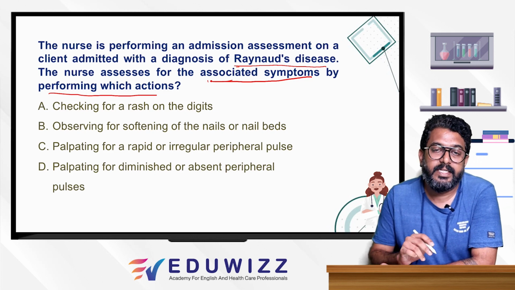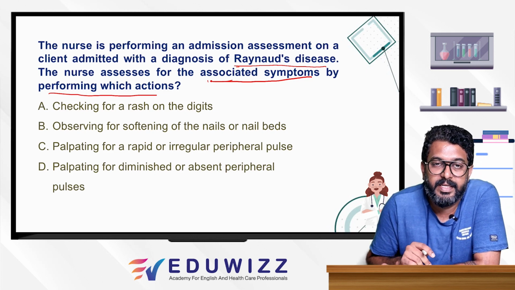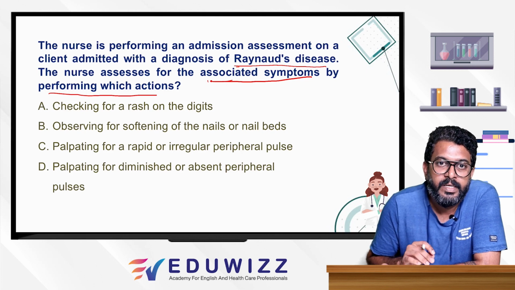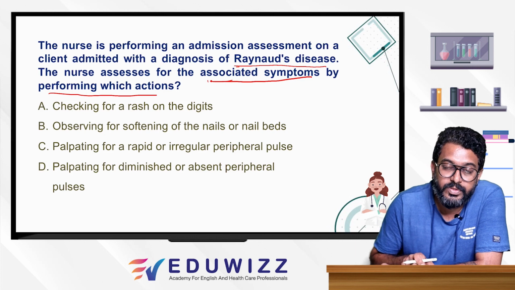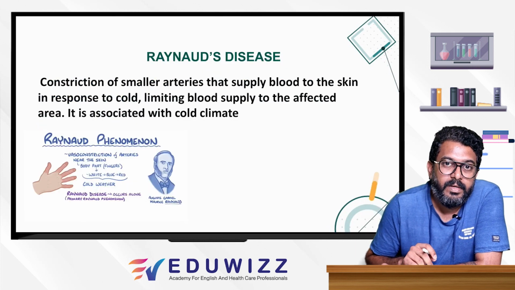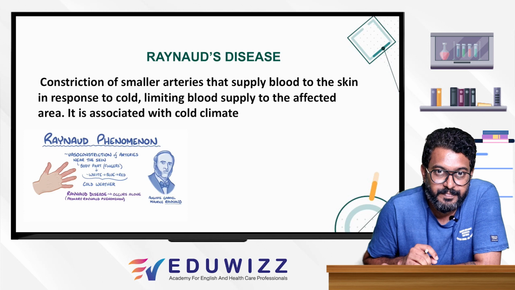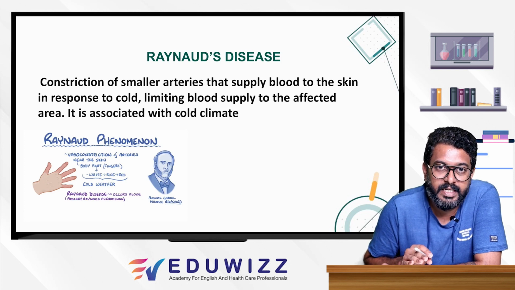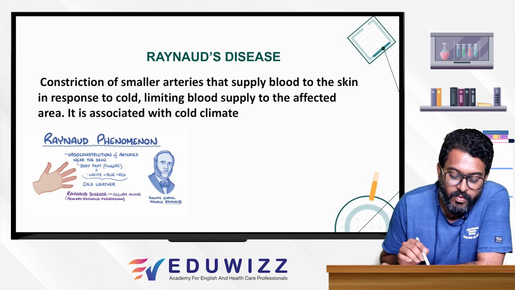So what is Raynaud's disease? Raynaud's disease is a peripheral arterial disease which comes under peripheral vascular disease, in which the small arteries and arterioles get vasoconstricted. In simple words, vasoconstriction of small arteries and arterioles is known as Raynaud's phenomenon, and the most important risk factor causing this vasoconstriction is cold climate.